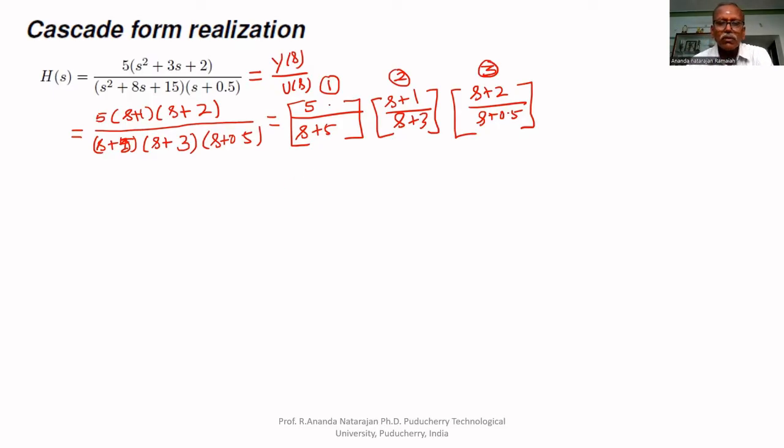So we have to realize each in controllable canonical form. For that, let us consider each one can be named as H1, H2, H3.